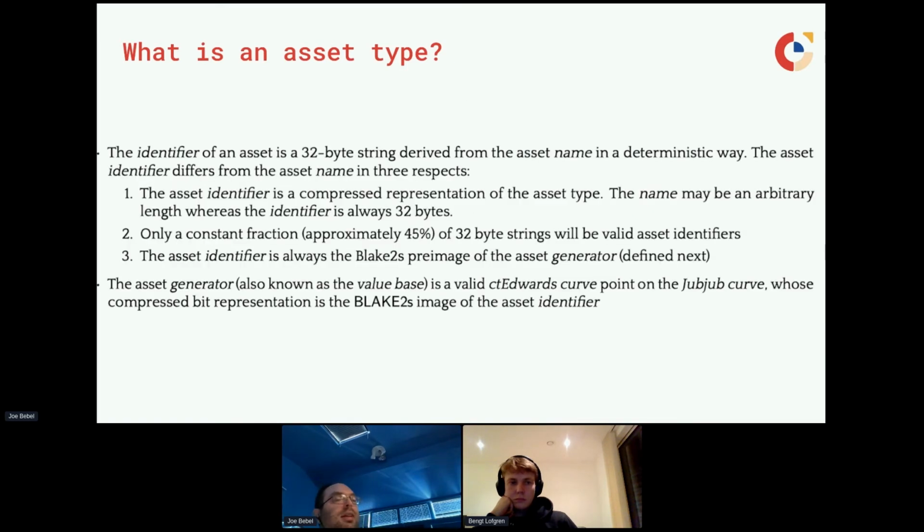Inside of the shielded pool, we're going to get much more specific, because the shielded pool has to know what an asset type is in a very concrete way, as opposed to the very generic way we just defined it in the previous slide, which maybe you use outside of the shielded pool.